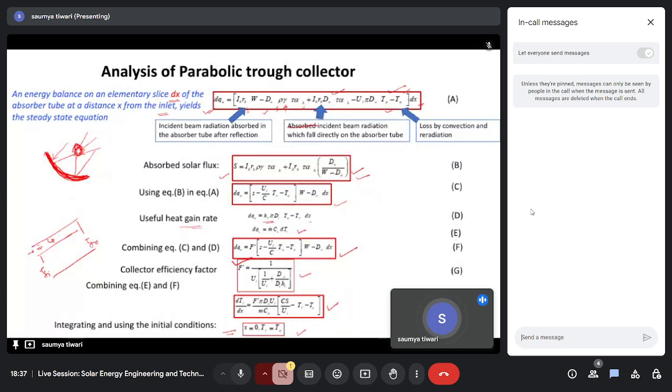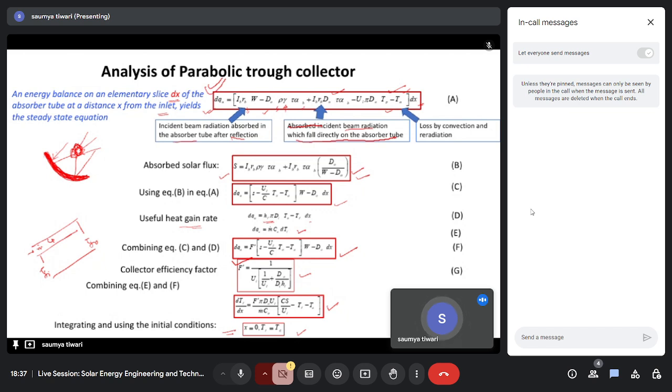So the incident beam radiation which falls directly on the absorber tube, plus the reflected radiation falling on this absorber tube after reflection from this parabolic trough, will be the actually utilized energy plus your loss, right?